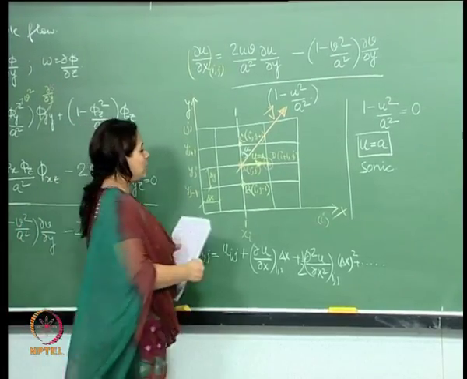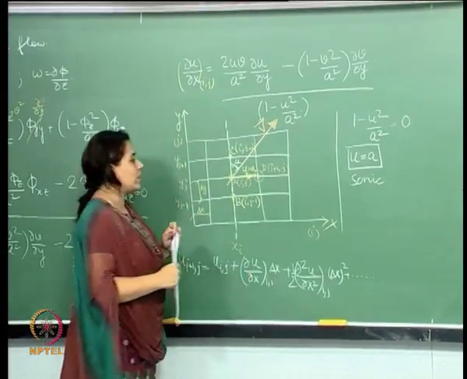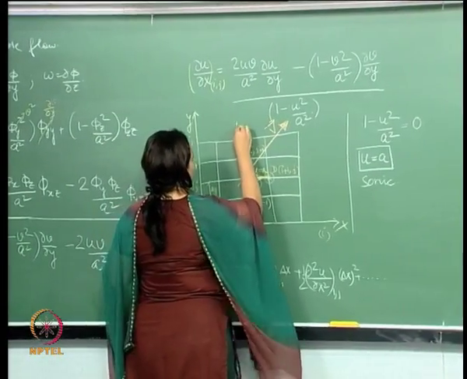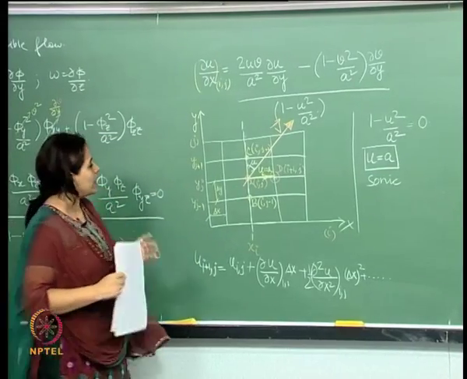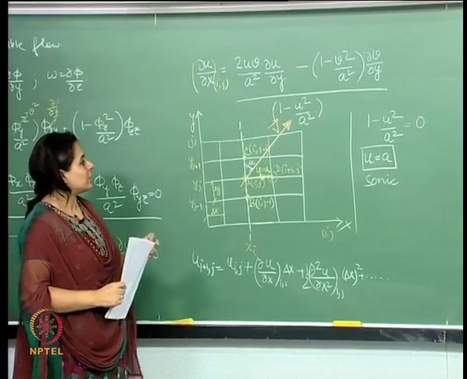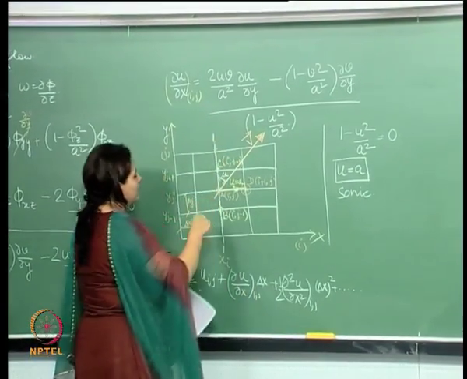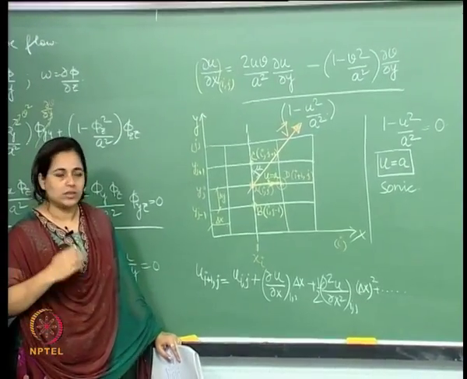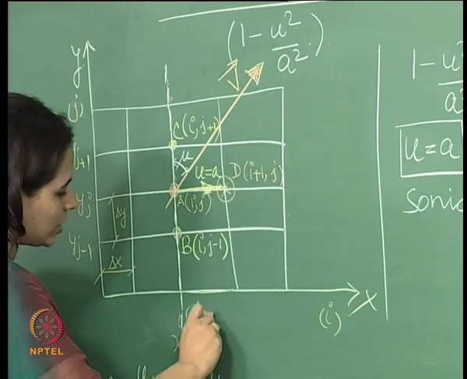And the u component is sonic. If you remember, we did this a couple of lectures back, such a line is nothing but a Mach line. So this line is also called a characteristic line. So, this is sort of introducing the method of characteristics.